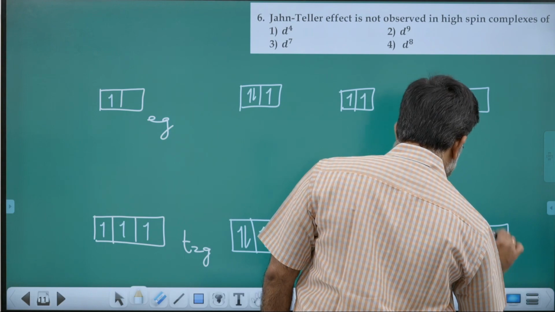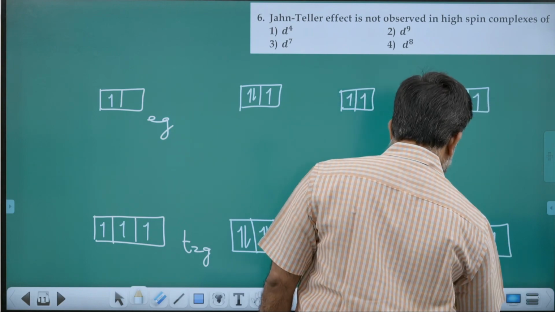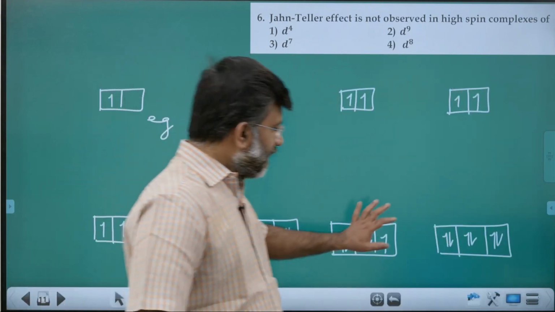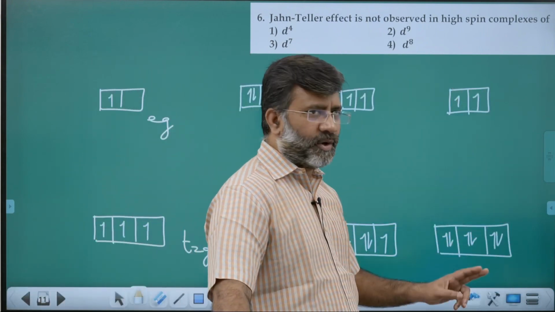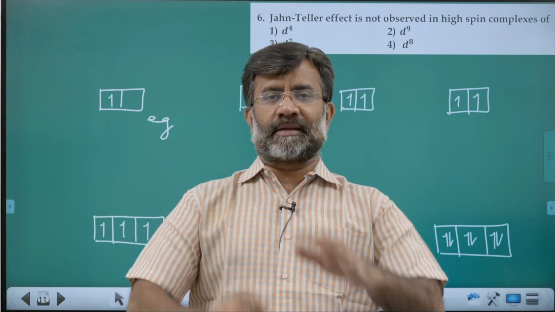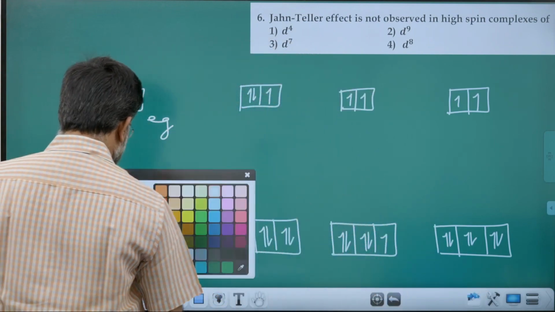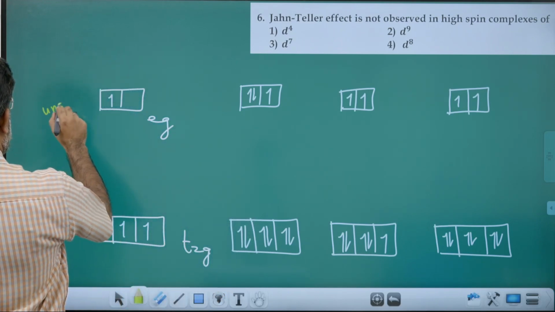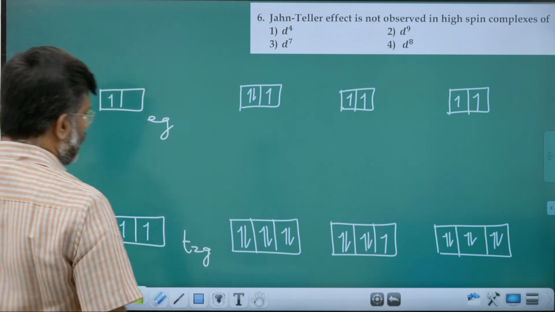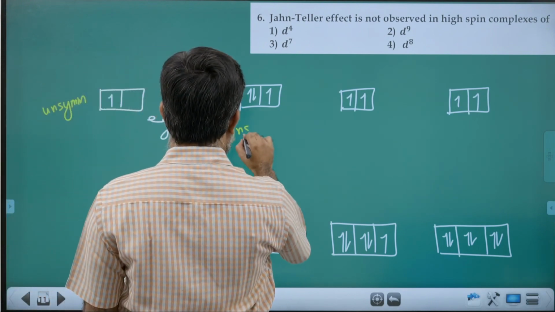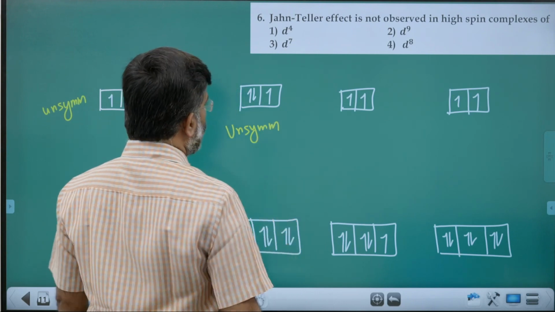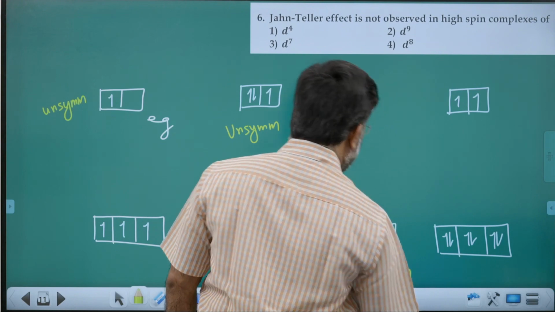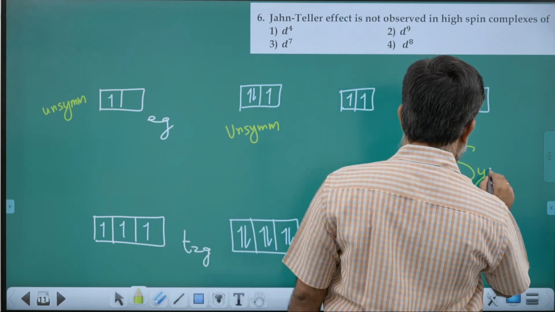1, 2, 3, 4, 5, 6, 7, 8. Now you see it is symmetric. Here all are occupied, here it is singly occupied. It is a symmetric electron distribution. Here the electron distribution is unsymmetric, while here the electron distribution is symmetric.